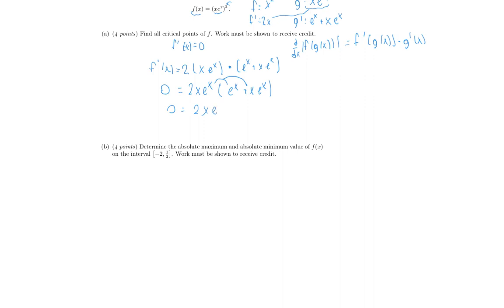It's going to be e to the x squared, or e to the 2x, plus 2x squared e to the 2x. Well, I can go ahead and factor out my e to the 2x. And I'll factor a 2 out with it as well. So I'm left with x plus x squared.